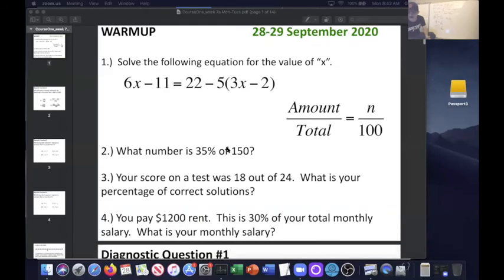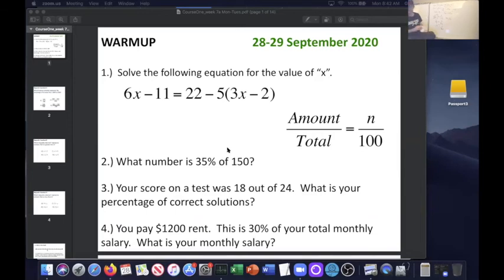All right, now the last problem. Now, the last problem is a little more wordy than number 2, right? Number 2 was very brief. Number 4 has 3 sentences. And notice this first sentence is giving you a number, and then the second sentence starts with the word this. This is a demonstrative pronoun.